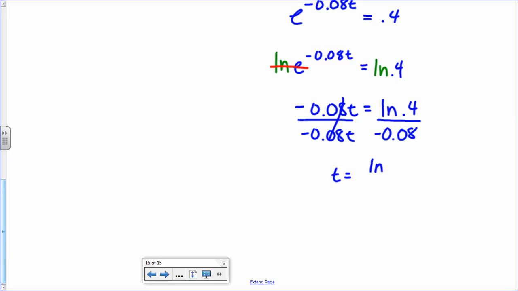So natural log of 0.4 divided by negative 0.08 is approximately 11.5 if I round to 1 decimal place. But I want to know how many months it will reach 25, so between 11 and 12. I should go ahead so I'm at least at 25 and say 12 months.